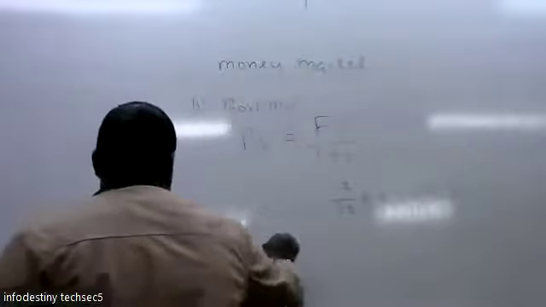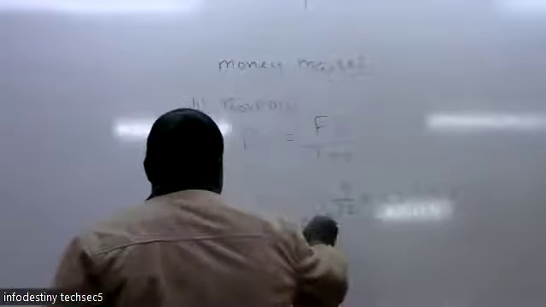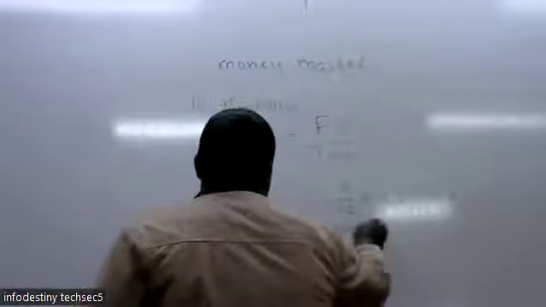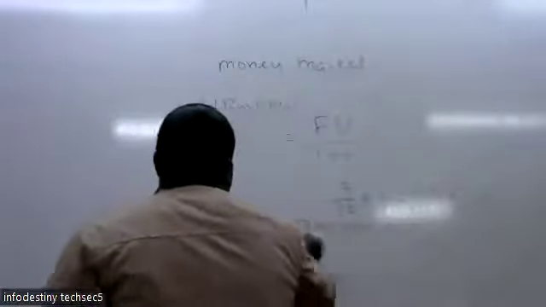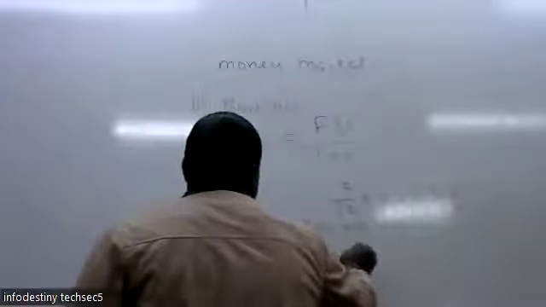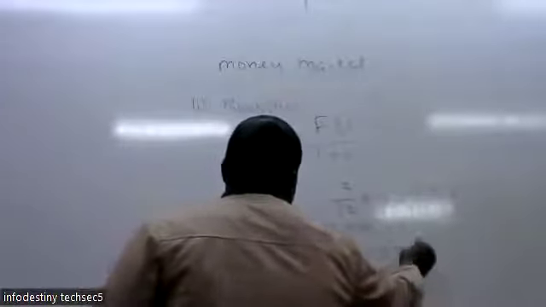So we are now looking for the amount to be borrowed. So the amount to be borrowed, which is now the present value, simply take the 900 millions, then divide by 1 plus 0.0225. That figure that you have just calculated.